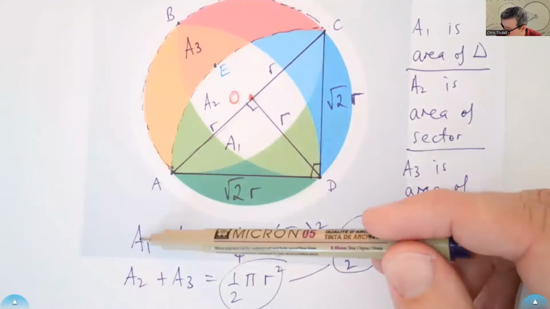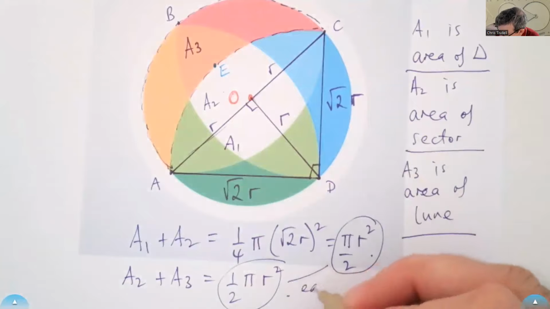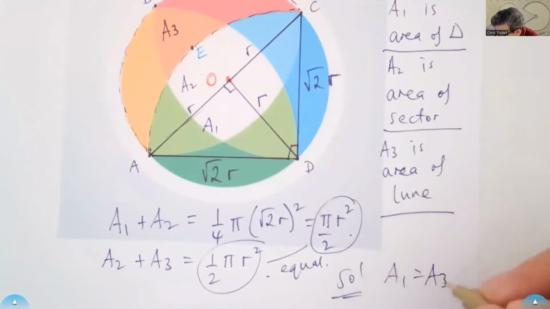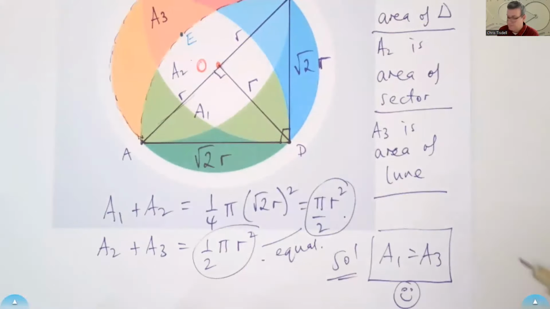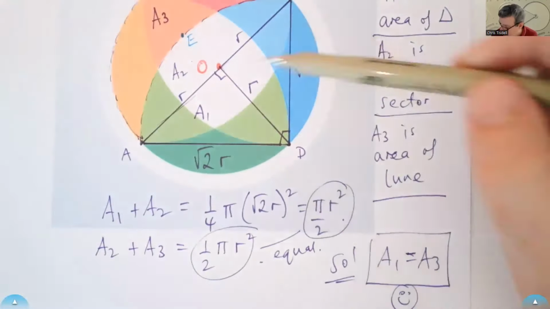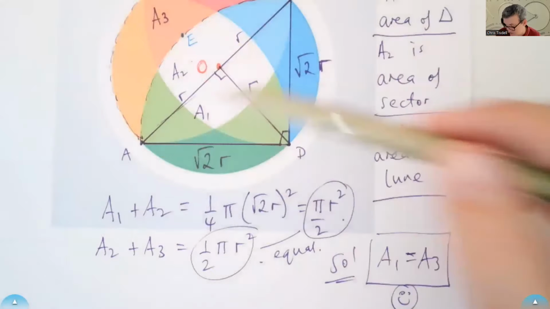It means that the area of the triangle must equal the area of the lune. Okay. So essentially what we're doing is comparing the area of a quarter of a circle with the area of a different semicircle.